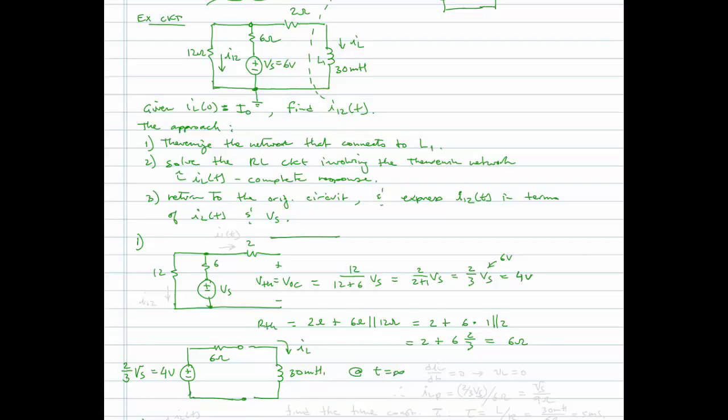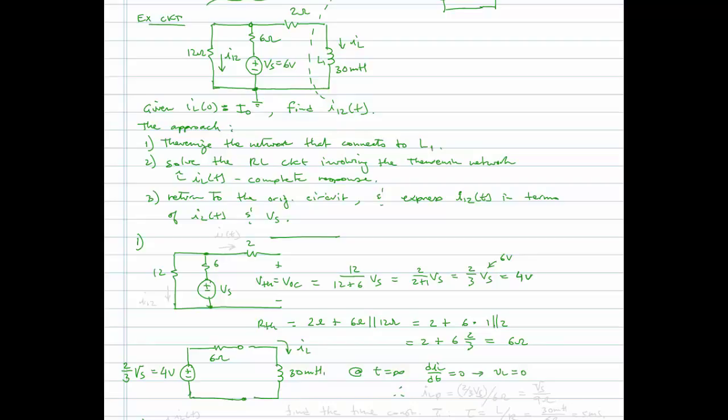Now, at time t equal infinity, we say that the current is no longer changing in time. So we'll say that dIL/dt is equal to 0, which means that VL, which is L di/dt, is going to be equal to 0.